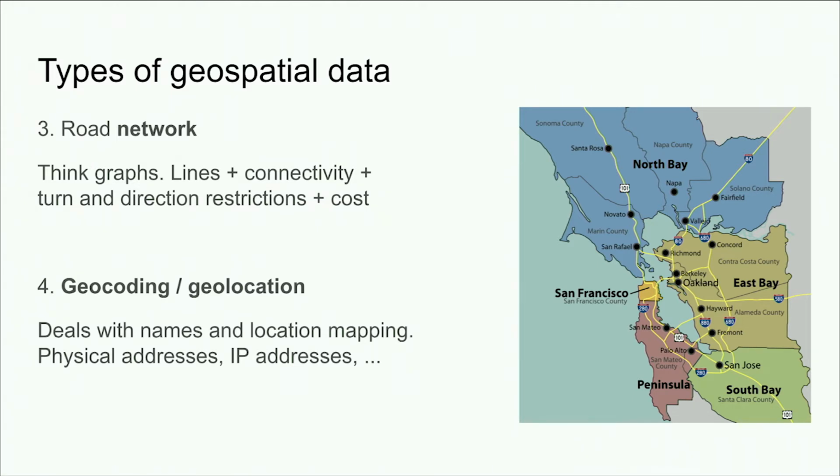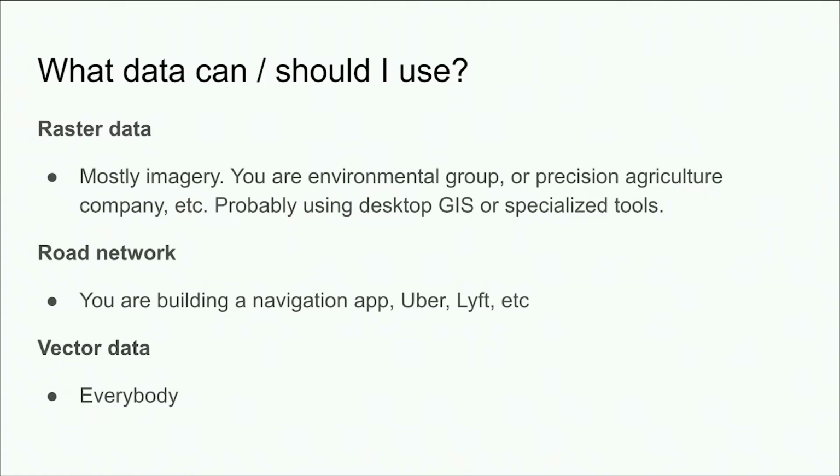So what data should you use if you are doing data analysis for business or anything? And raster data is mostly imagery. If you're an environmental group evaluating deforestation in Amazon, that's the data you will use.